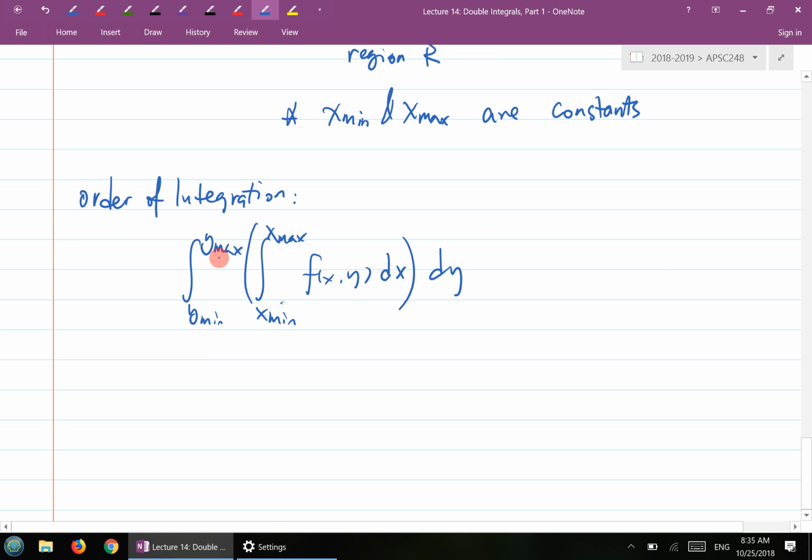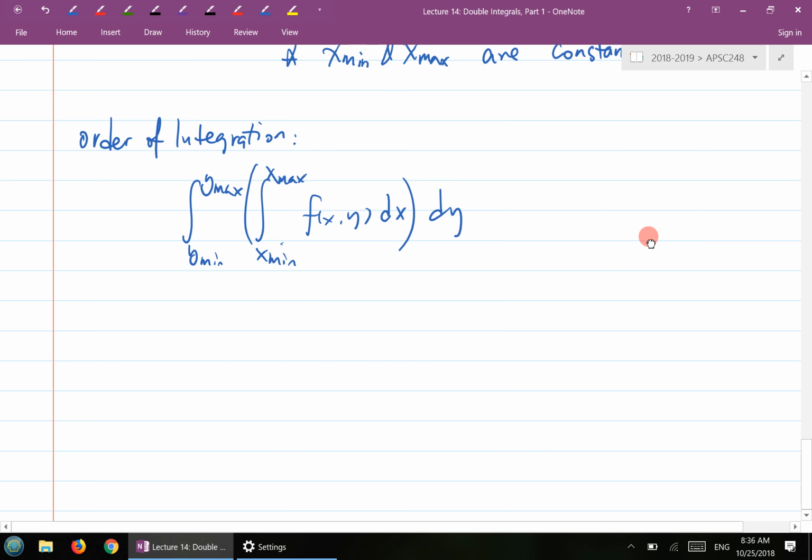As you will see in some examples later, the order of integration often matters. Some orders don't work at all, but the other order will work. So sometimes choosing the right order will simplify your computation quite a bit.